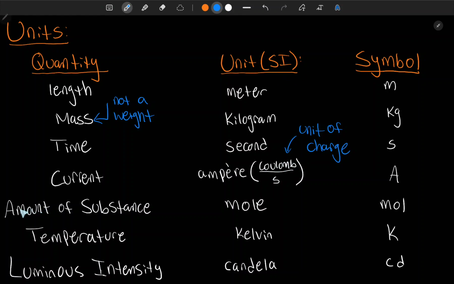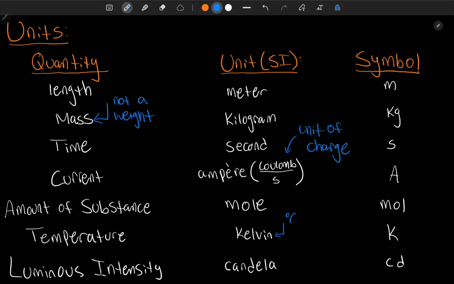If we wanted to measure, say, the amount of substance, as we do in chemistry, you would use the mole. And we often write mole as mol, so you just drop the E for some reason. If we wanted to measure the temperature of something, we would use the Kelvin, which is written as big K. As a note, Kelvin is one unit of temperature.